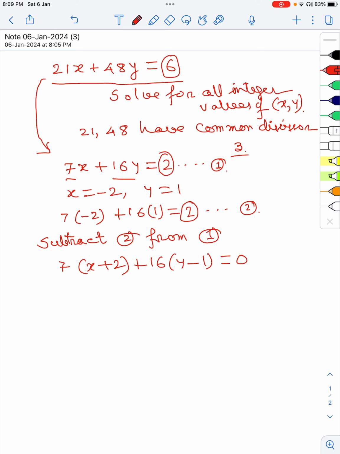So 7 into x plus 2 plus 16 into y minus 1 equal to 0, and we recognize this as equation number 3.